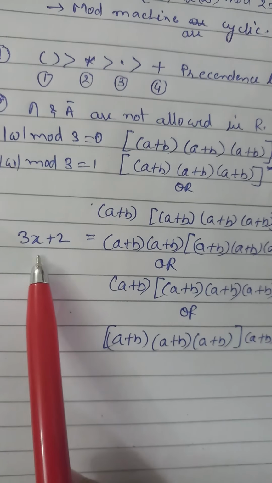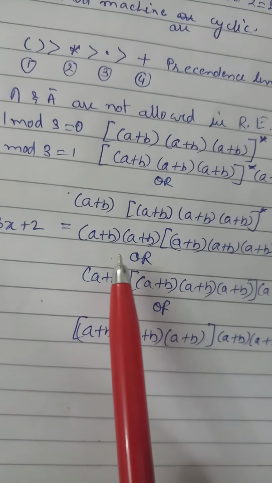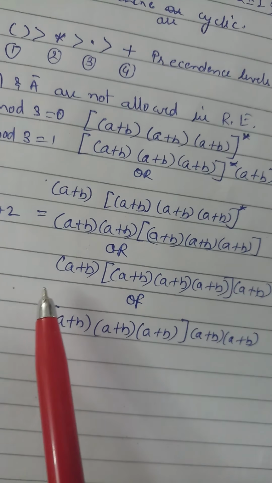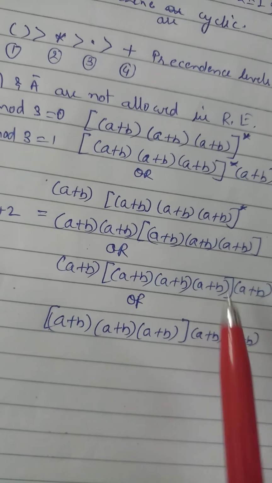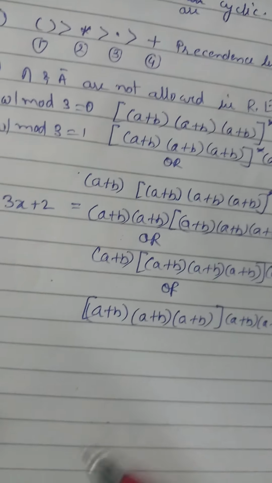This is for 3x plus 2: either all on the left-hand side, all on the right-hand side, or half on each side. This is for 3x, this is for 2.